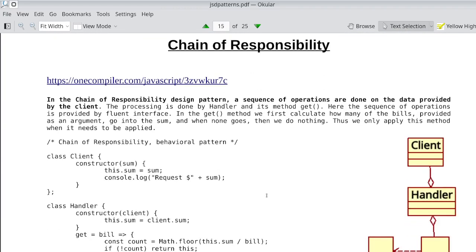The chain of responsibility design pattern is where a sequence of operations are done on the data provided by the client.